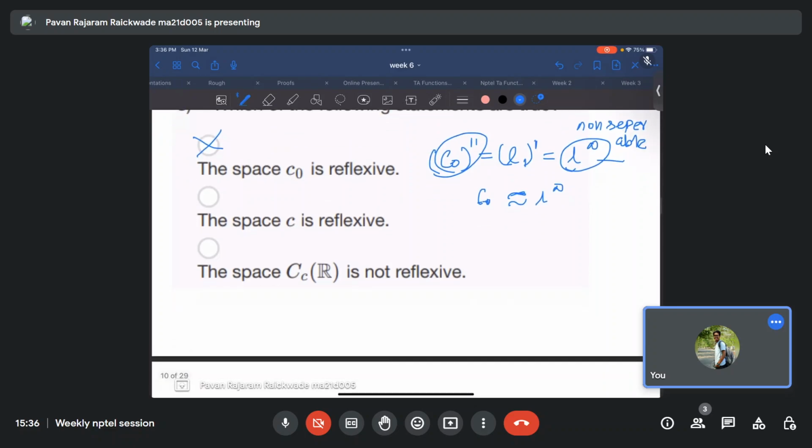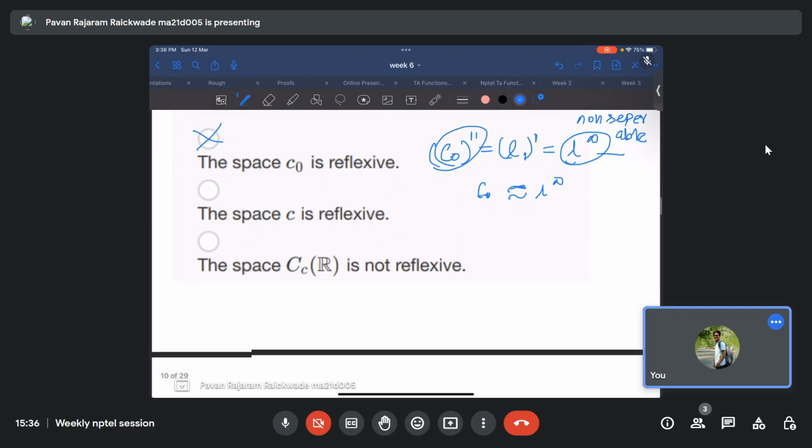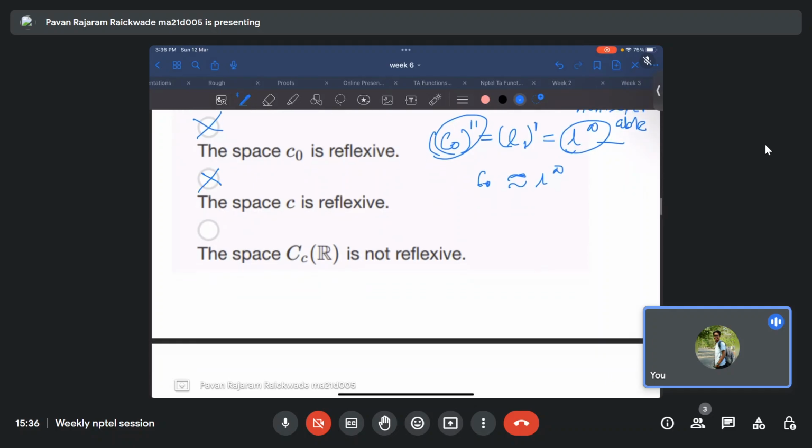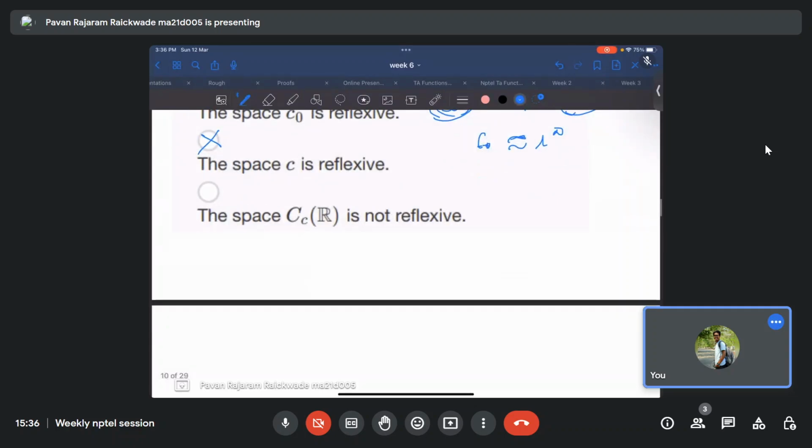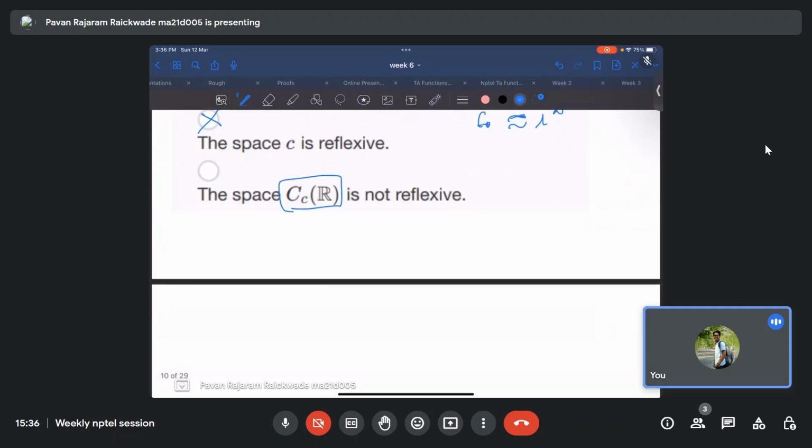The next part is that the space C is reflexive, but by the same logic, we can say C is non-reflexive. Then the third is that the space CC over R is not reflexive. This is correct because the space CC over R is not a Banach space.